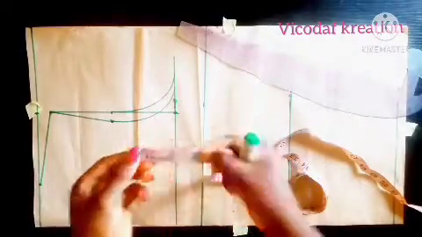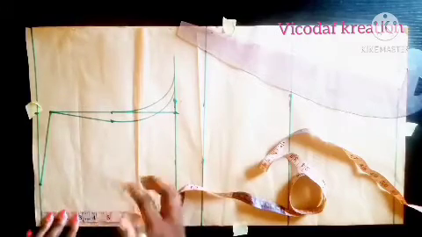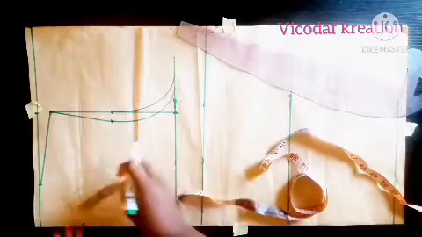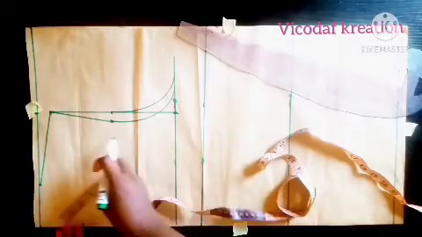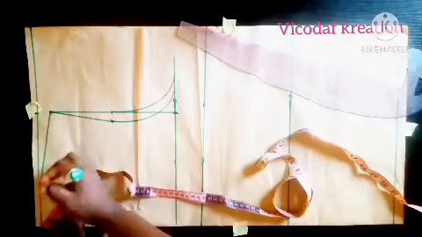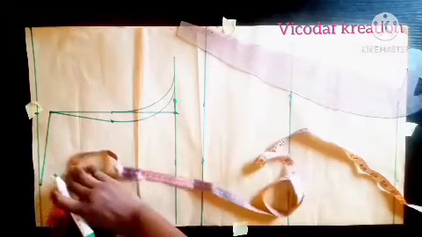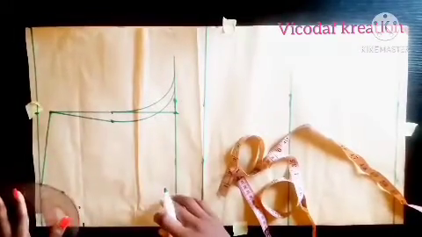For my neck depth, I'll be using 3 as well. So to get this accurate neckline, I'm measuring 3 inch round. Then I will use the curve side to curve it.